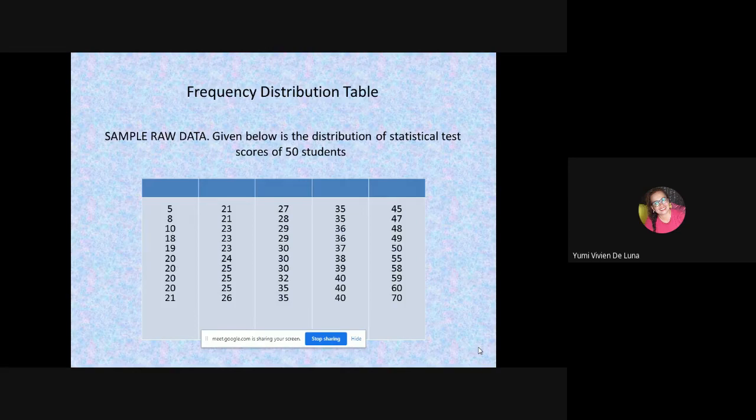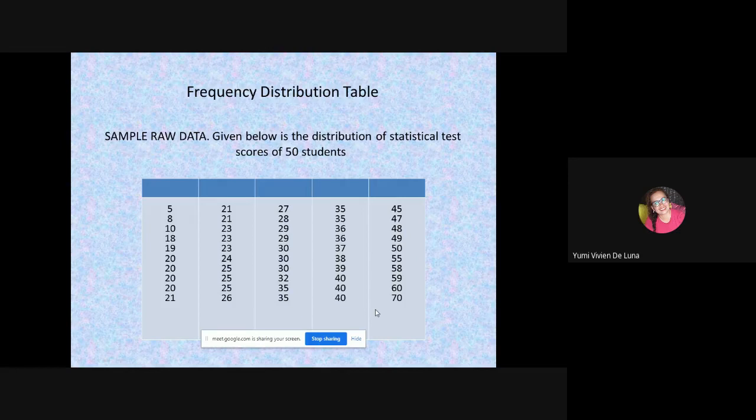So, the first step that you're going to do if you're going to construct an FDT, given the raw data, is to arrange this first from lowest to highest, as what the data is already shown. Okay? So, if you look at the data, the smallest value is 5, and the highest value is 70. Again, we have 50 observations.